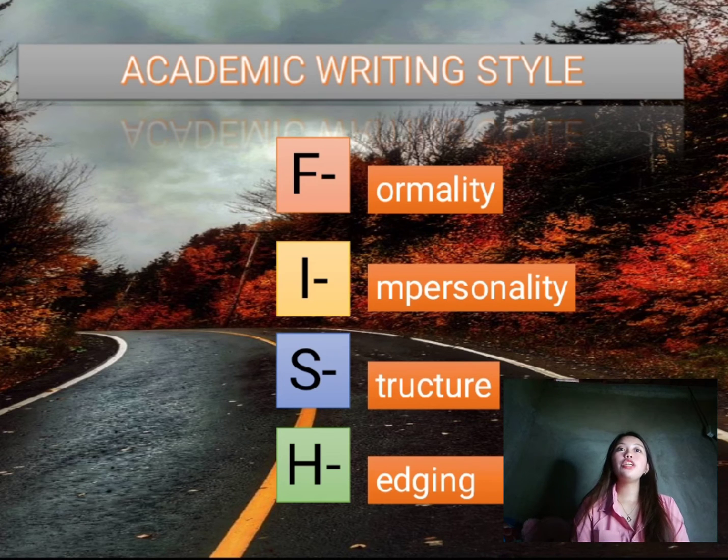Formality refers to how well you follow standard English convention, how often you use slangs or idioms, how objective you are about your topic, and how familiar or intimate you assume you are with readers when writing an academic document.